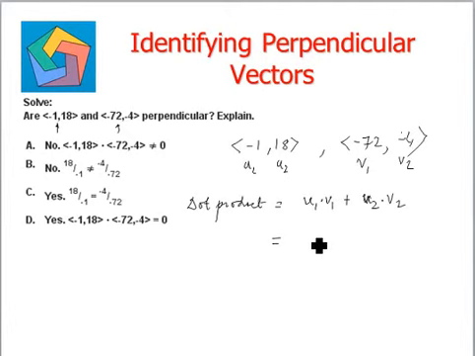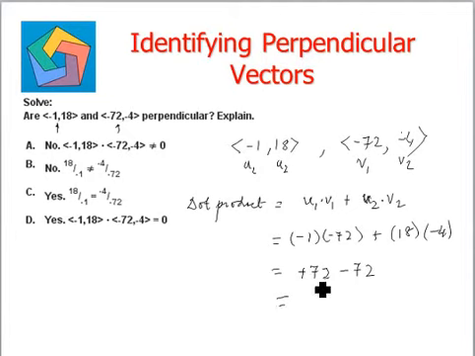So our u1 is negative 1, times negative 72, plus 18 times negative 4. Negative 1 times negative 72 is a positive 72, and 18 times negative 4 is a negative 72. So this simplifies to 0.